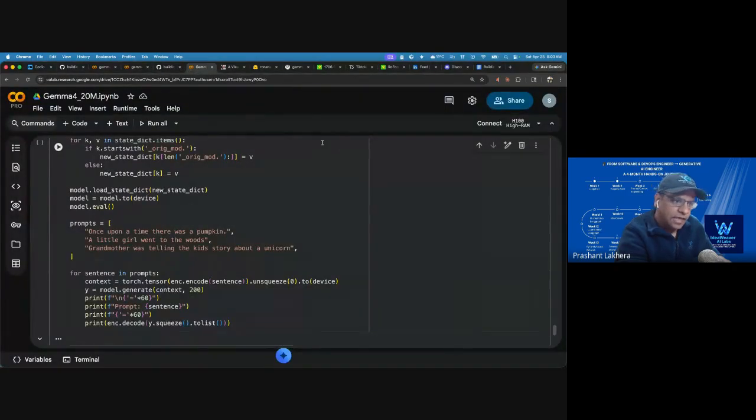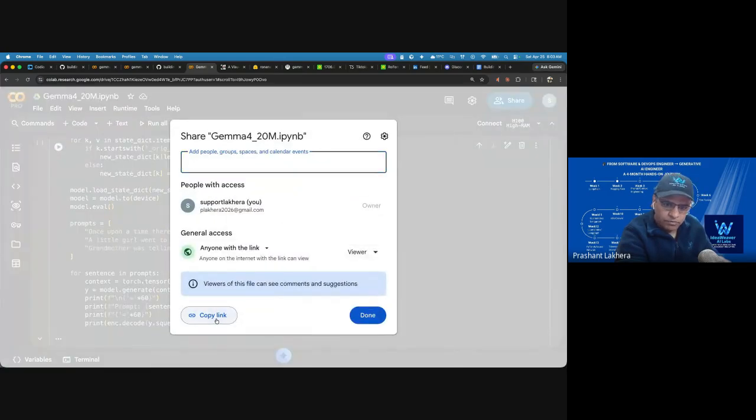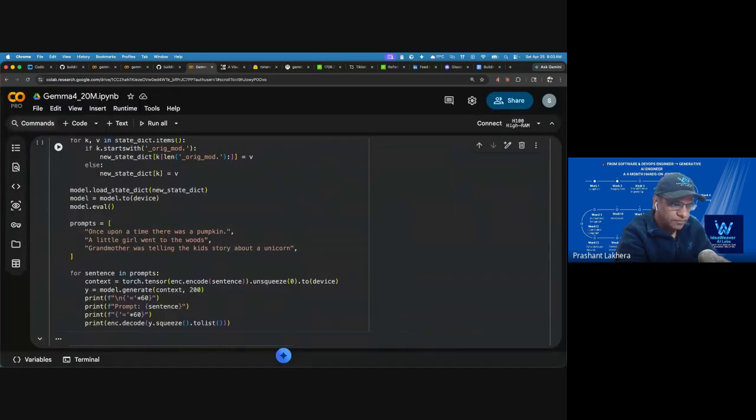And the model that we are going to build today and tomorrow is of 35 million parameter. But I am able to trim it down to 20 million parameter. So I will say Gemma 20 million parameter.